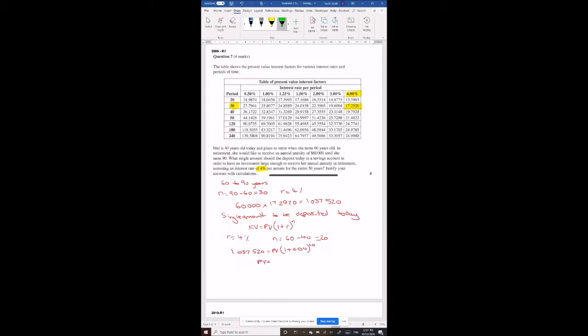Present value equals, so the total amount that she needs to invest will be $473,511 to the nearest dollar.